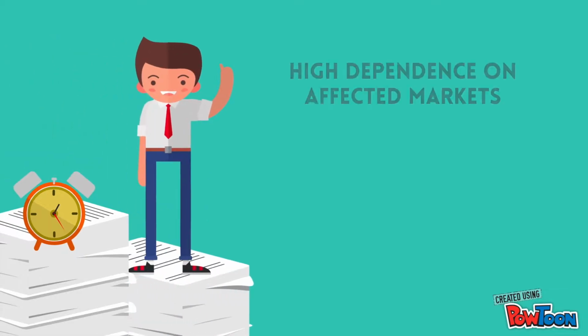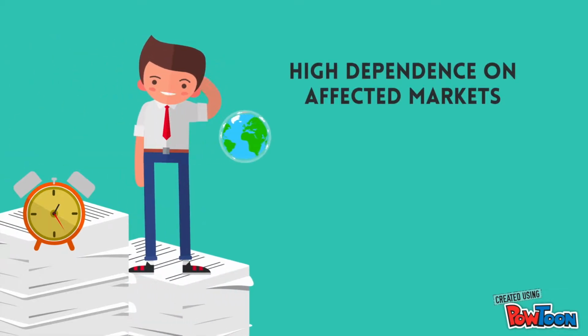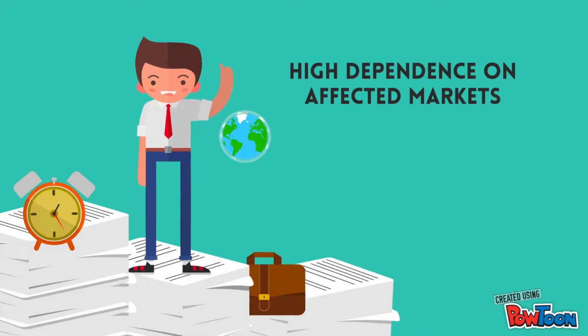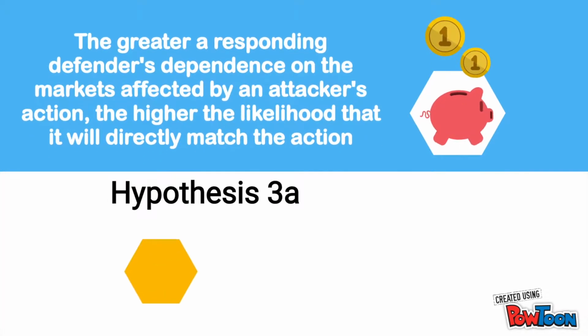A defender with high dependence on affected markets will tend to match an initial move to signal commitment to defend its markets, and the greater its dependence, the more it will be inclined to match the move so as to avoid escalation. Hypothesis 3a. The greater a responding defender's dependence on the markets affected by an attacker's action, the higher the likelihood that it will directly match the action.